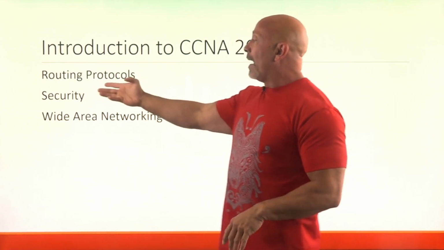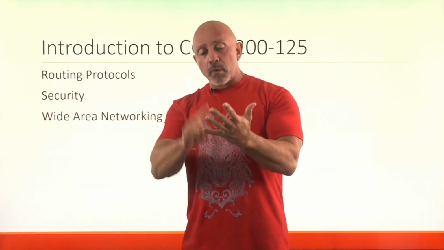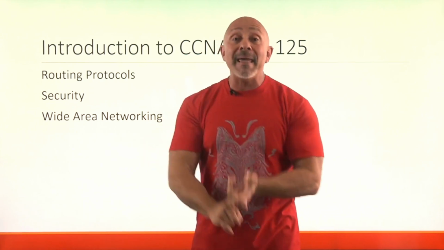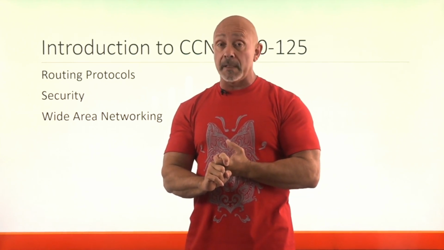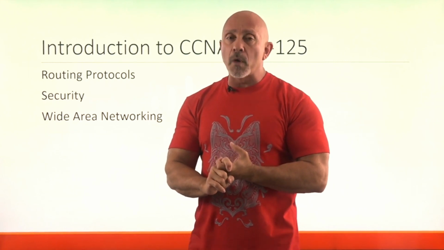Finally, we're going to get into routing protocols, and we're full of routing protocols. RIP version 2, EIGRP, OSPF, BGP. Oh yeah, Cisco decided to put BGP in there now, so now we need to learn BGP. They mainly focus on eBGP, which is external BGP because it's between different autonomous systems.